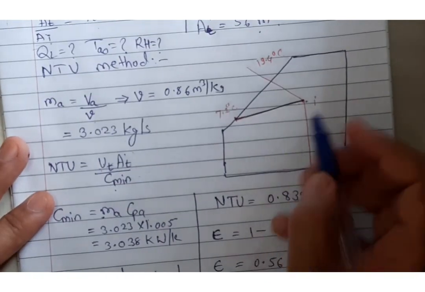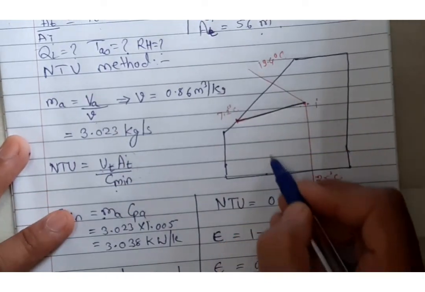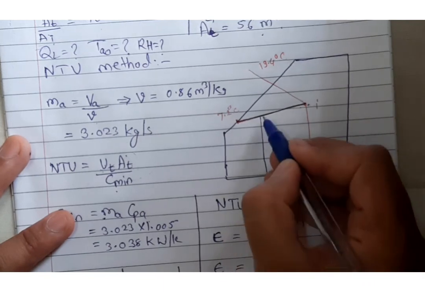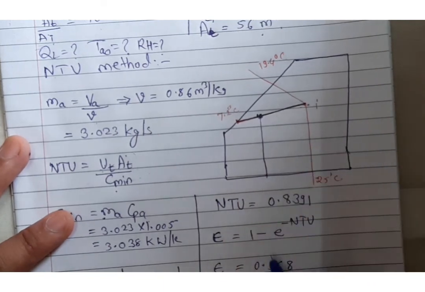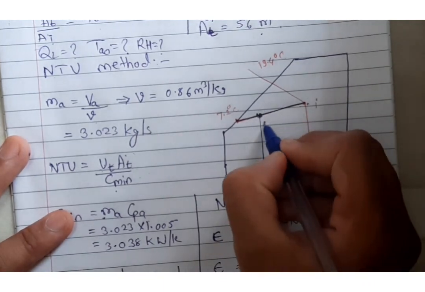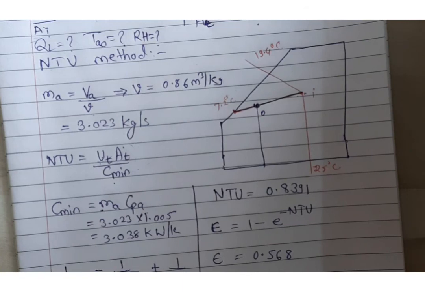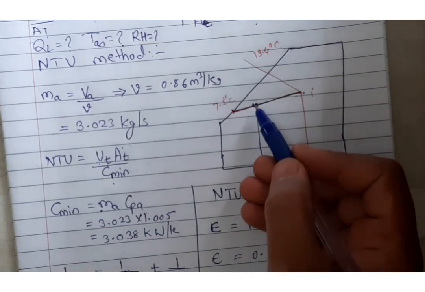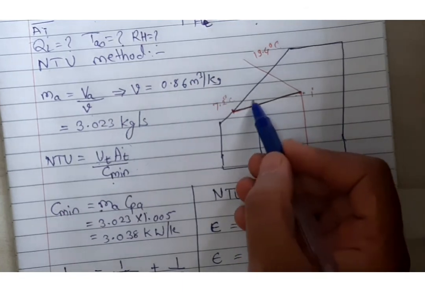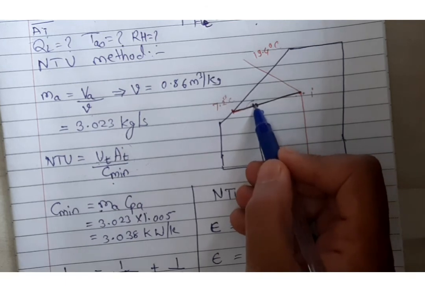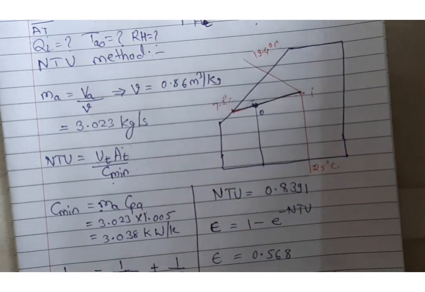So in this diagram, from somewhere here, you can draw a line, and this is the condition for your outlet. So you can say this is the point number O. Now to express this point, temperature is not sufficient. We are supposed to show the condition also.